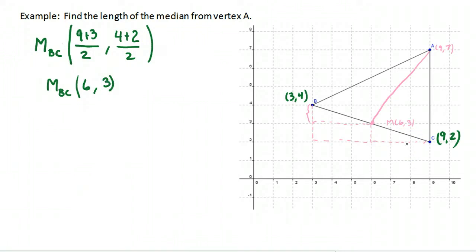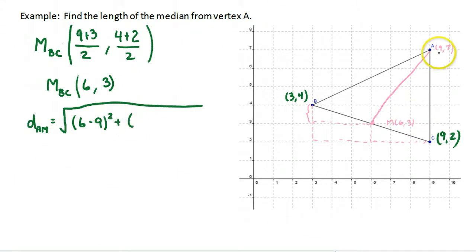So therefore, this problem really becomes no more than finding the distance AM. That's equal to the square root of, and we're going to take the x components first, (6 - 9) squared, plus the y components, (3 - 7) squared. 6 minus 9 is negative 3, squared, plus 3 minus 7 is negative 4, squared.